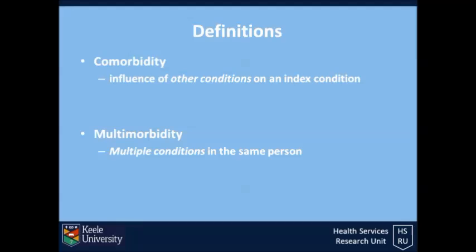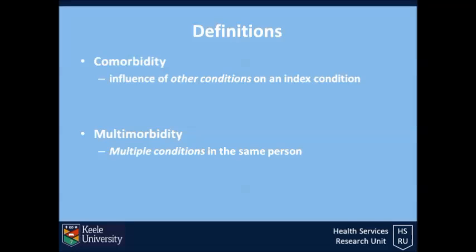The first thing I want to start off with is clarifying the definitions. People may have heard of the terms comorbidity and multimorbidity. These two terms are linked and are interchangeable, so it should not confuse you. In terms of comorbidity, what you're really interested in is an index condition and what having other conditions does to it.